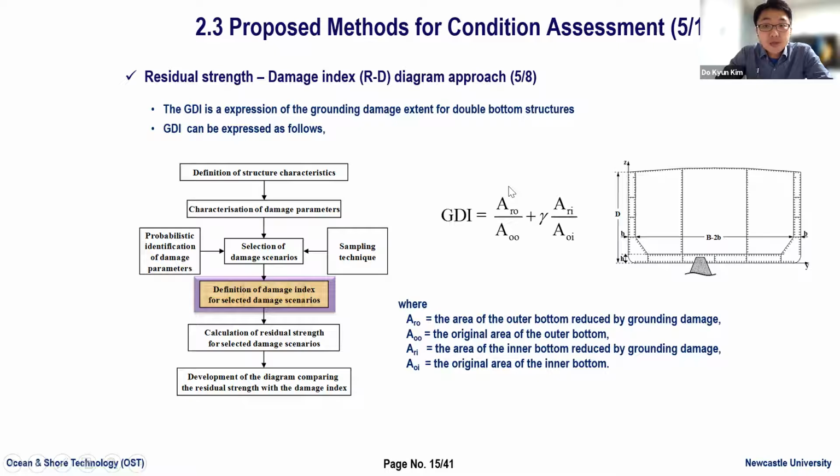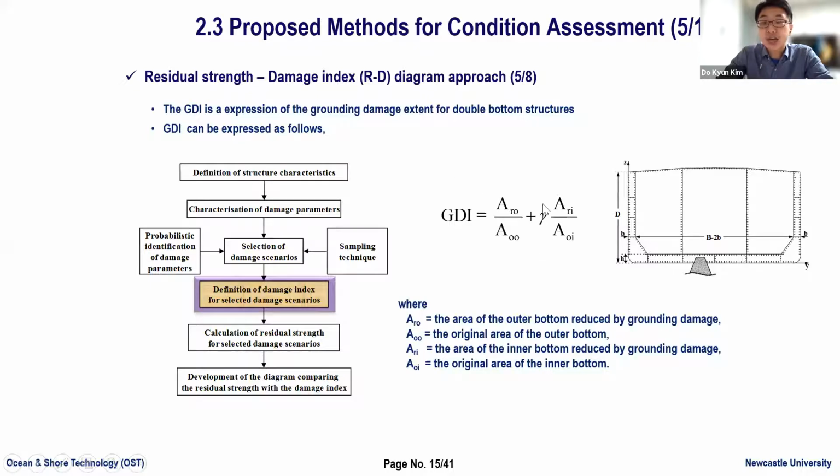So how do we establish this GDI? You can see here the AO and AI. The AO is the outer bottom, and the AI is the inner bottom structure. So this is the inner bottom, and the outer bottom is over there. At the same time, we need to consider the original area as well as the damaged area. Based on this relationship, we can establish this GDI.